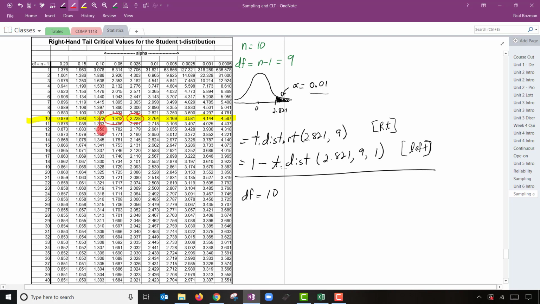It's between these two. If I were to draw this out, the area to the right of 2.228 is in the table. This area is 0.025.